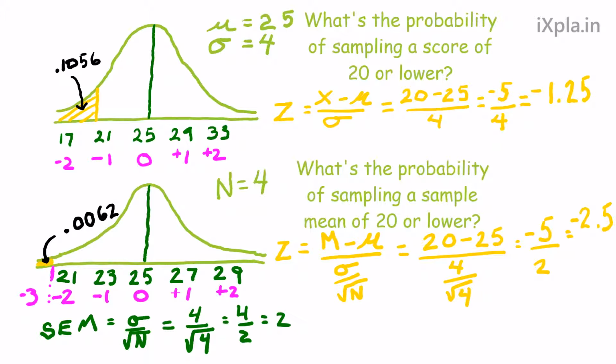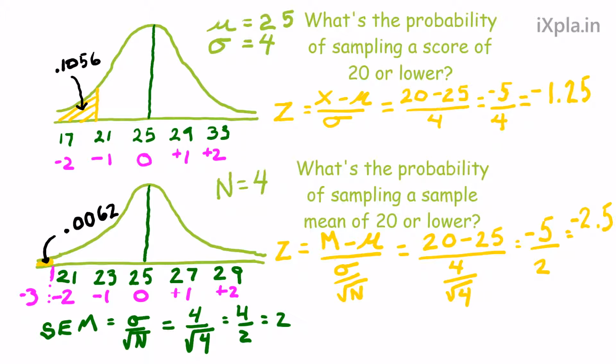And so we're going to shade this area. We find that the probability is 0.0062. That means less than 1% of the time, 6 times out of 1,000, would you by chance sample 4 people and have their mean be equal to 20 or less.